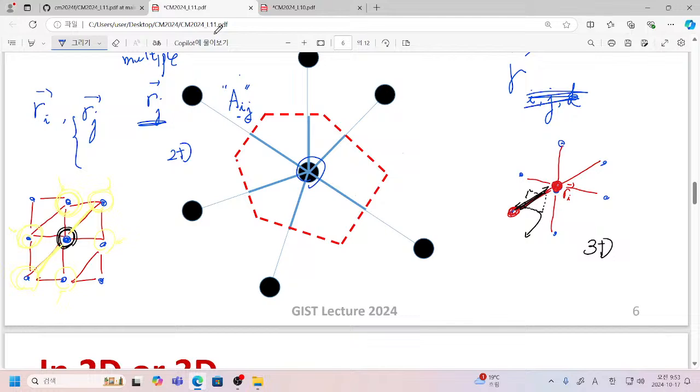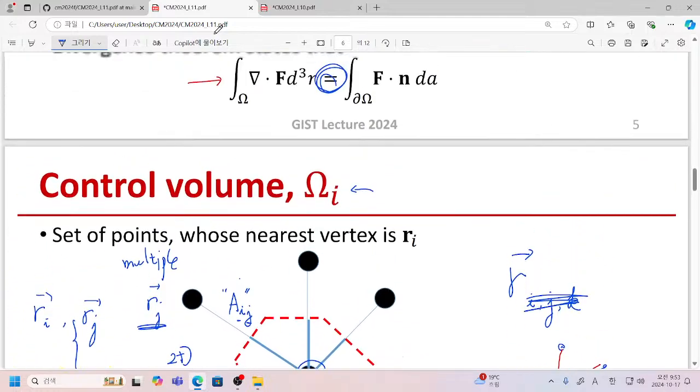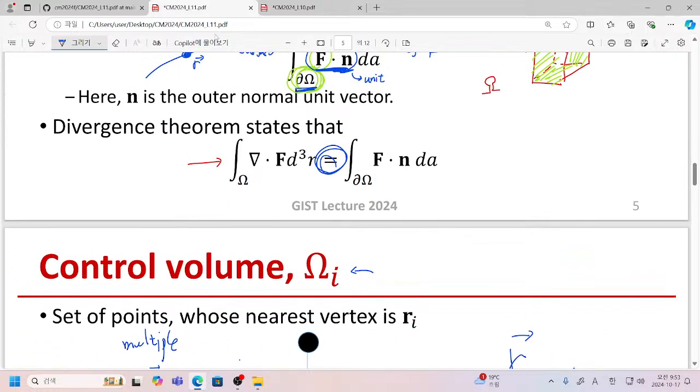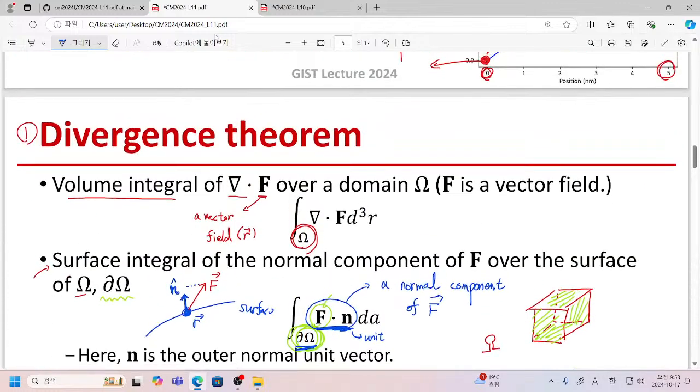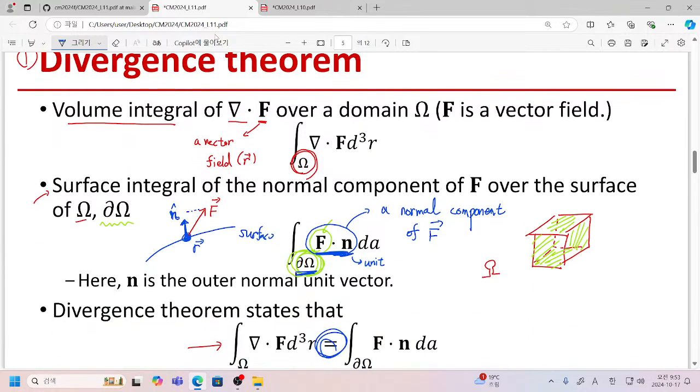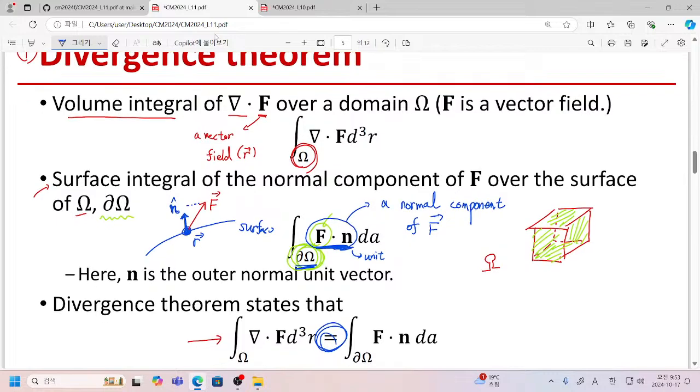So up to now, I spent quite a long time on two different concepts in our discussion. The first one was the divergence theorem. I hope that you have already been exposed to this concept many times in your undergraduate course, because this is related to just freshman or sophomore level engineering mathematics.